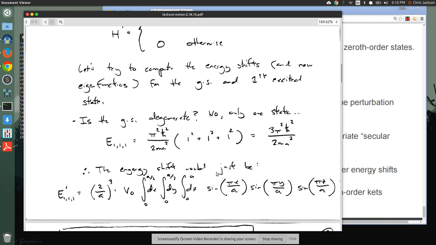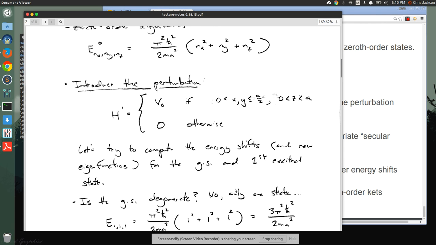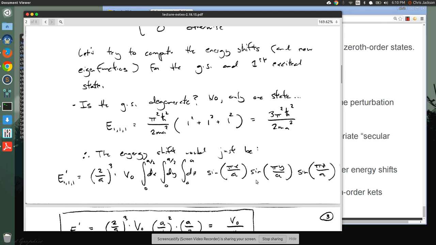These should be sine squareds, because I'm multiplying two wave functions together. Another typo. And notice that I'm only integrating over the part of the box where the perturbation is. So in the x and the y integration, I'm integrating from 0 to a over 2, and in the z, I integrate over the full length.